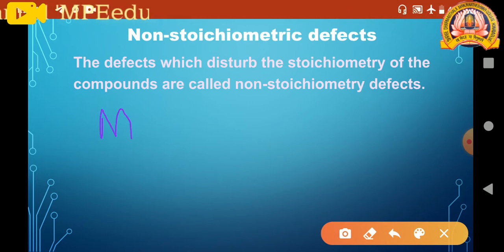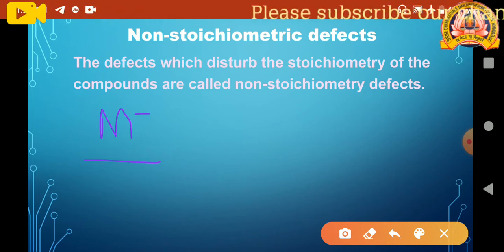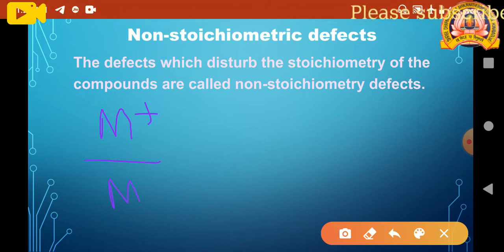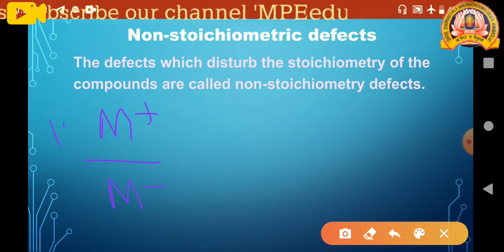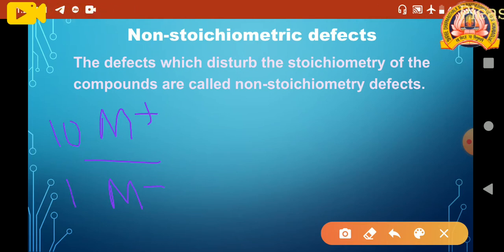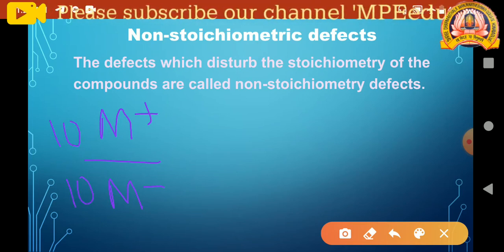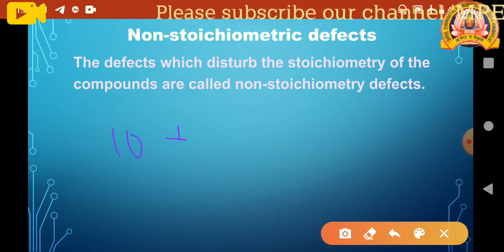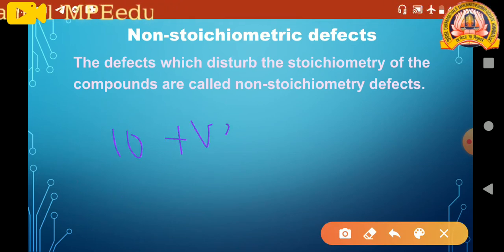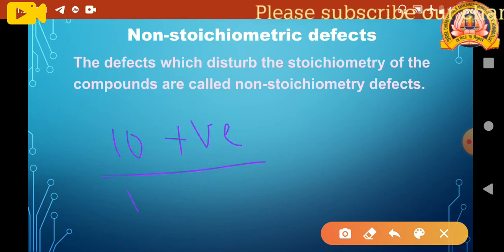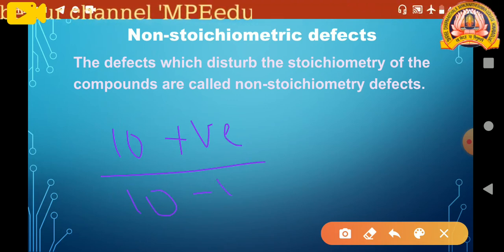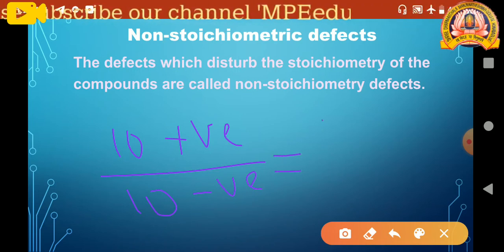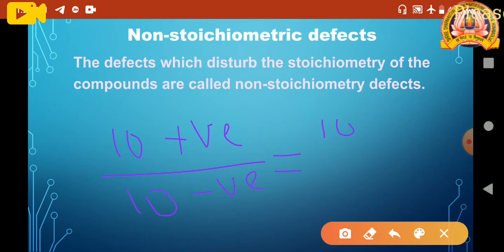For example, one crystal contains 10 positively charged ions and 10 negatively charged ions. Then how many cations? 10 cations, 10 anions. Ratio is 1.